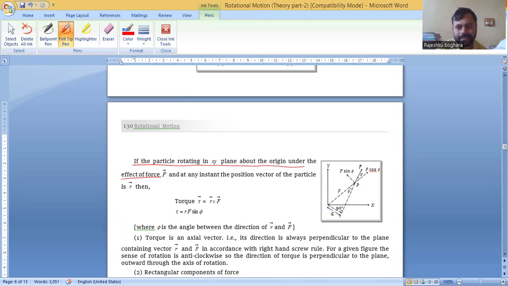In this direction we take F cos phi, and the perpendicular component is F sin phi. Then torque equals R cross F, which means RF sin phi. About this origin. If the reference point is different, the torque is also different.